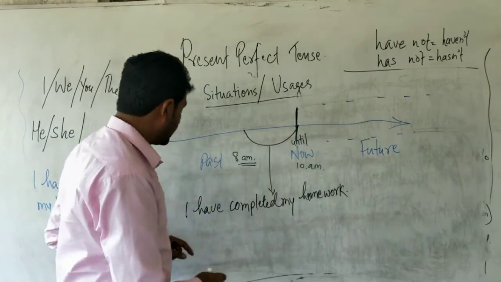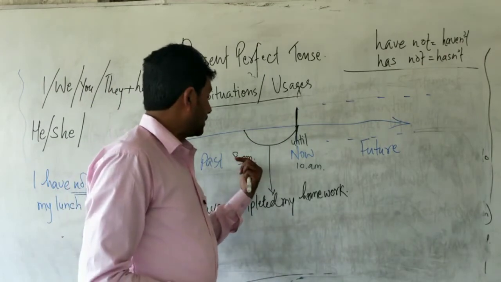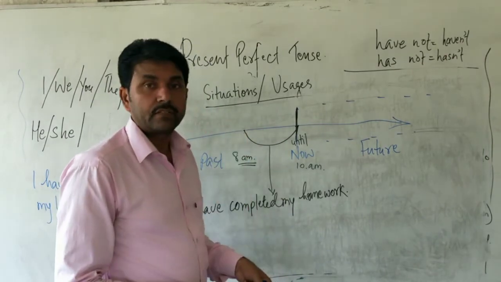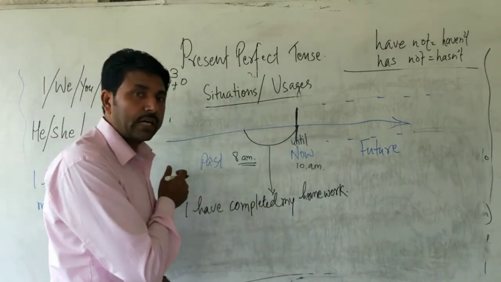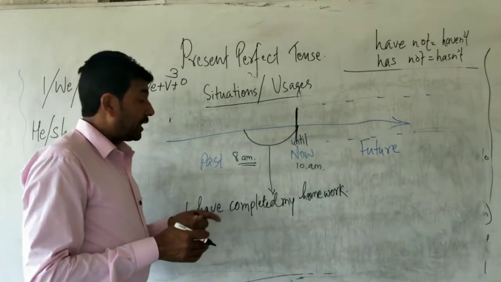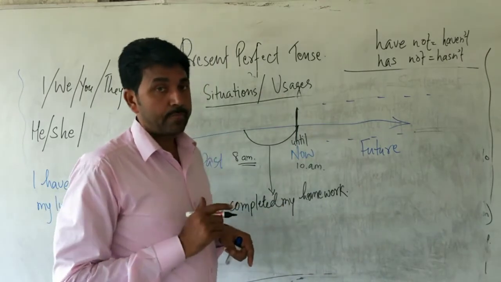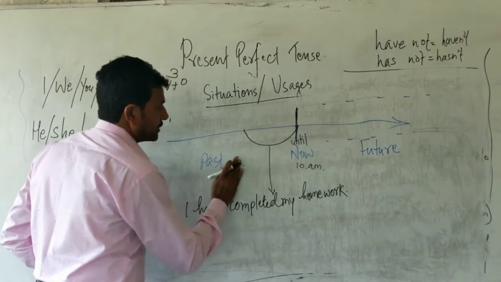You will have to write, I completed my homework at 8 a.m. today. Or you can say, I completed my homework 2 hours ago. So when you know the time, then it is past simple.